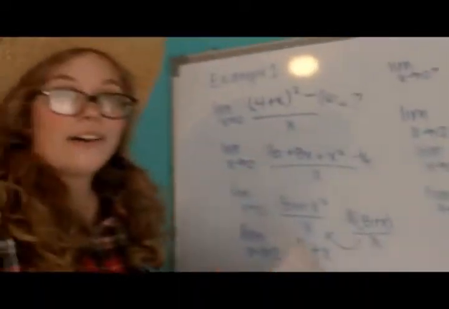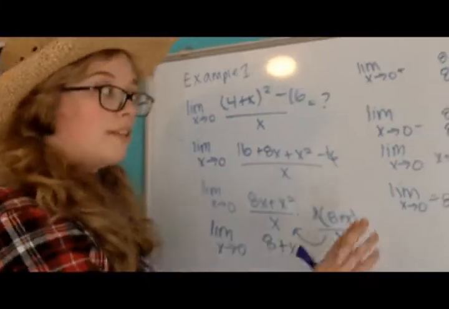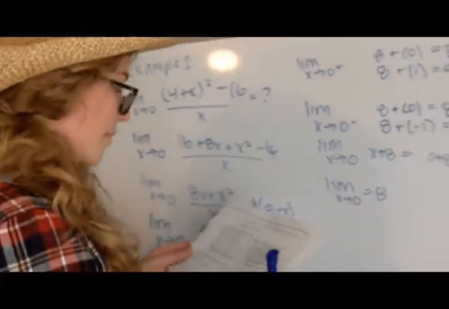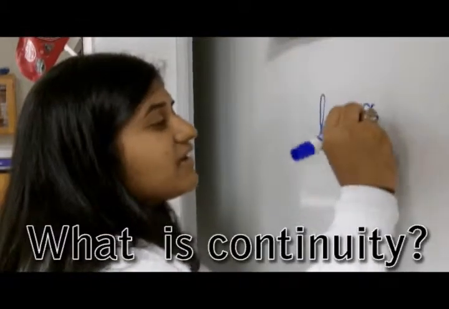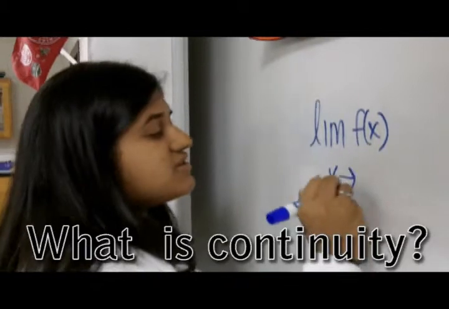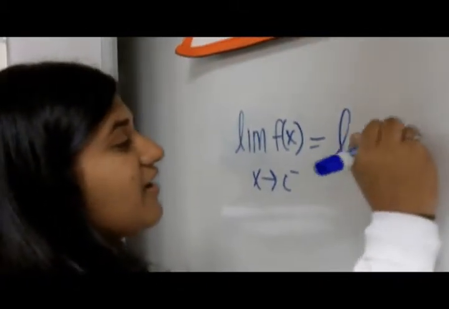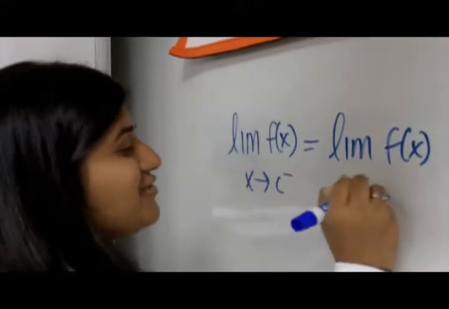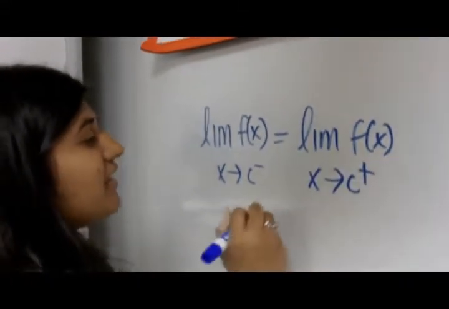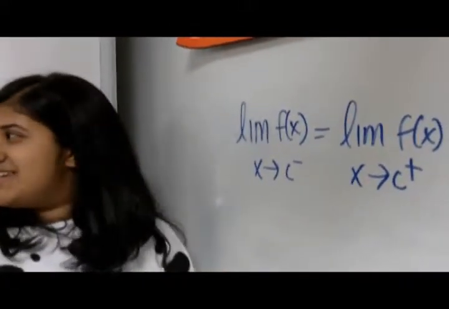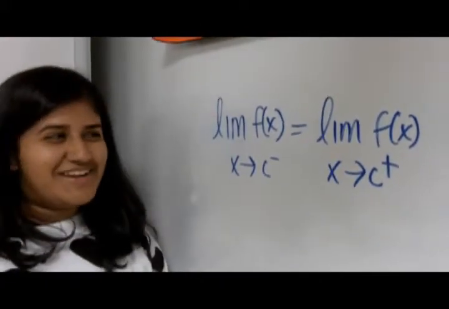You can figure out if f of x is continuous by using the same process. If the limit of f of x as x approaches c from the left is equal to the limit of f of x as x approaches c from the right, then the function is continuous at that point.